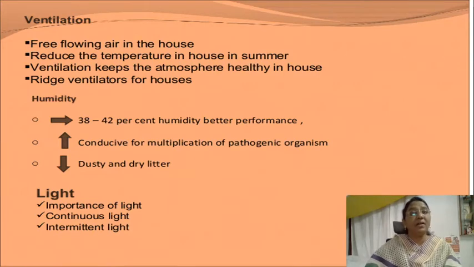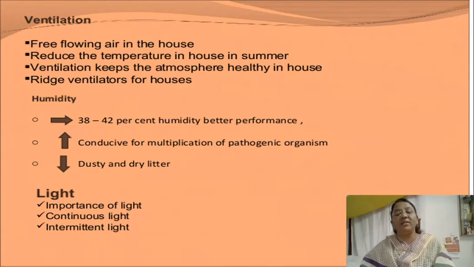And the other part of the housing is ventilation. Ventilation plays a vital role in controlling diseases, or in other words, we can say to prevent diseases like bacterial, viral, fungal, and other worms that infect the birds.